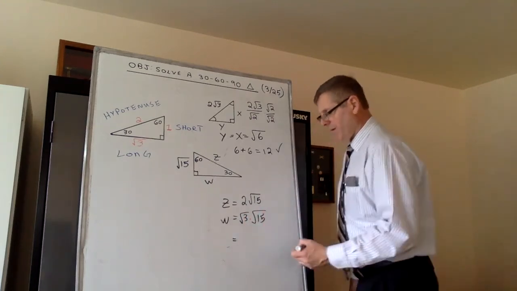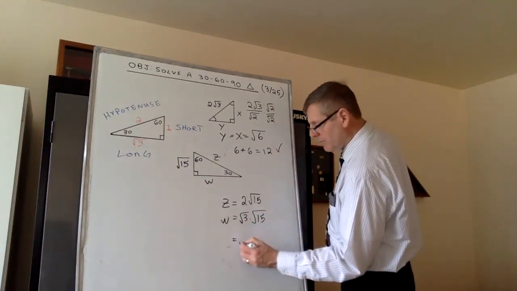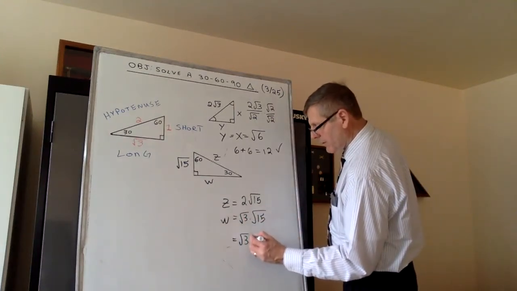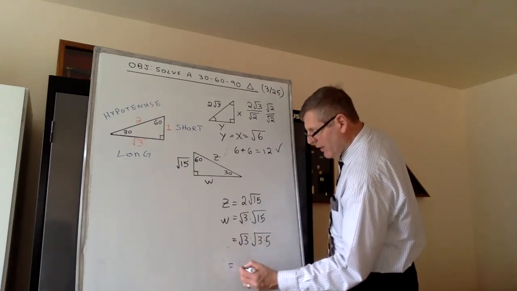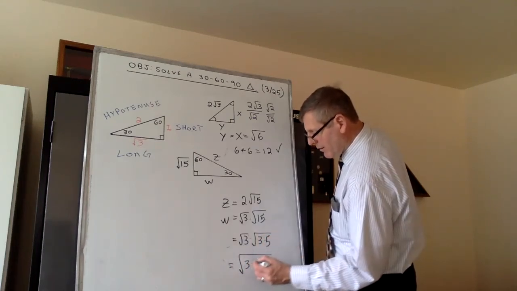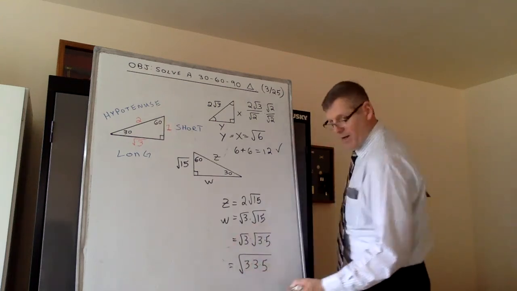However, if I notice that 15 can be factored into 3 and 5, so I really have a perfect square that I can factor out. Okay?